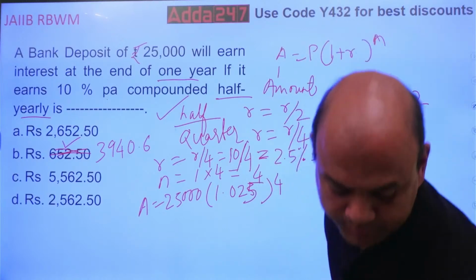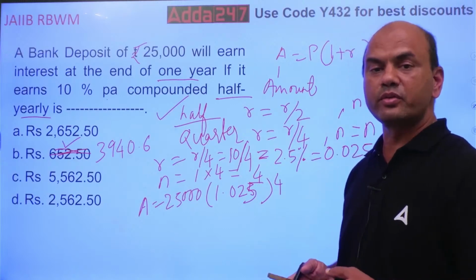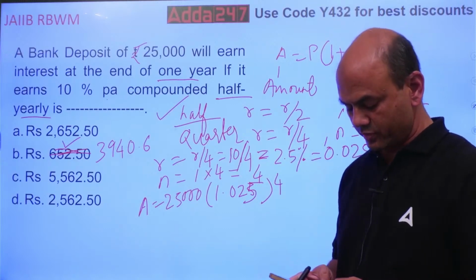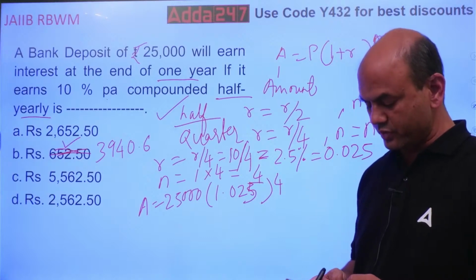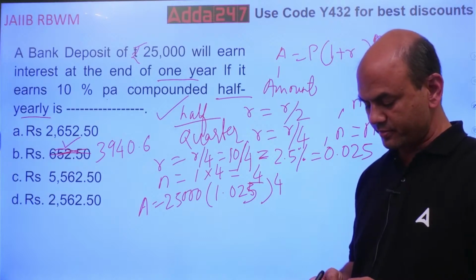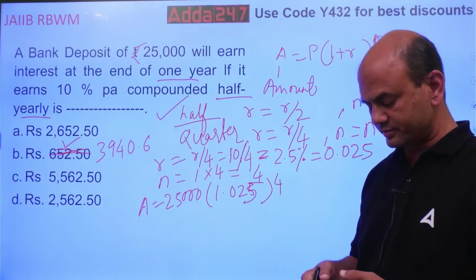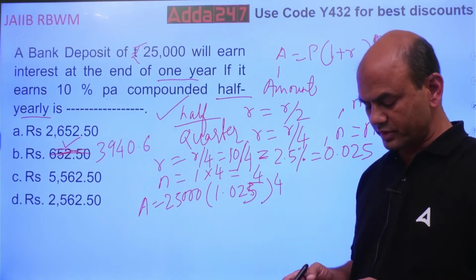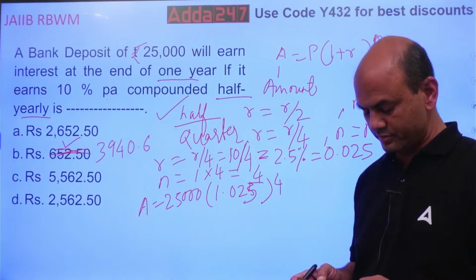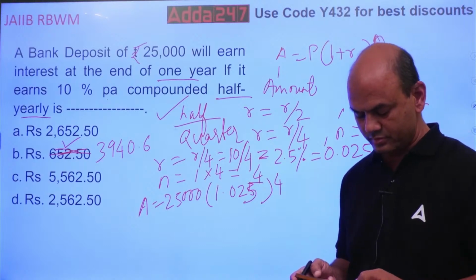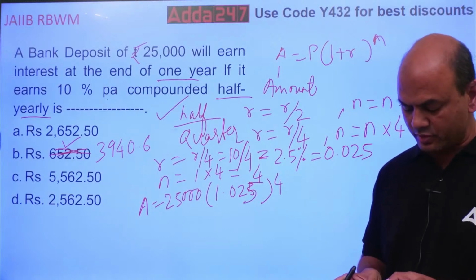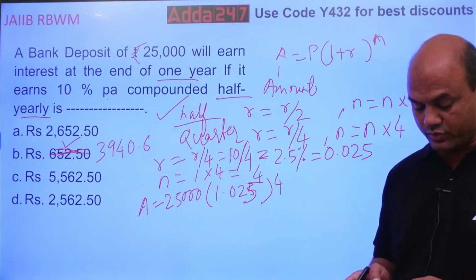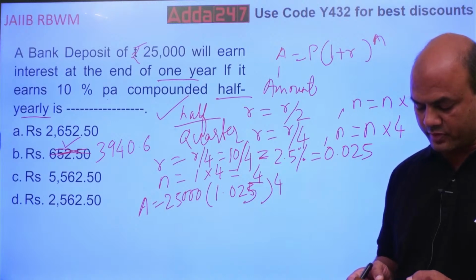Try it, everyone, 1.025 multiplied 4 times. What is the answer?